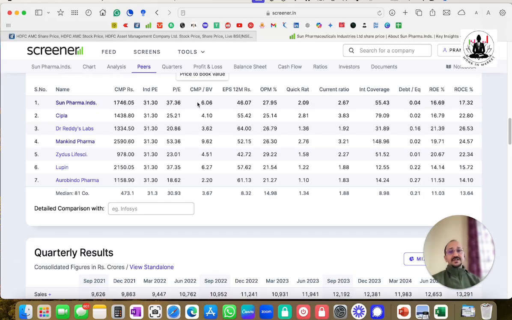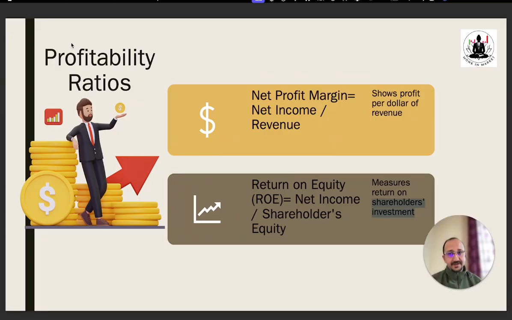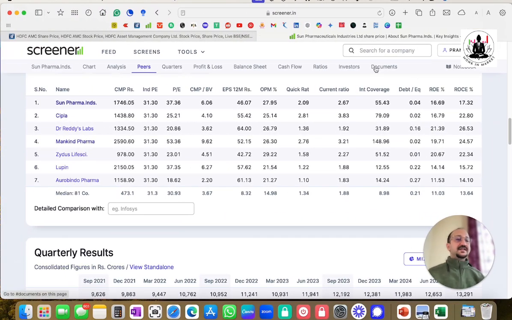Since we are talking about profits over here, profitability ratio, the higher the number, the better it could be. And definitely it should be higher than the inflation rate that we have already discussed. Means all the returns should be higher than 7% or 8%. So let's see over here. Sun Pharma ROE 16%, and ROCE, the use of capital when equity and debt both are used.